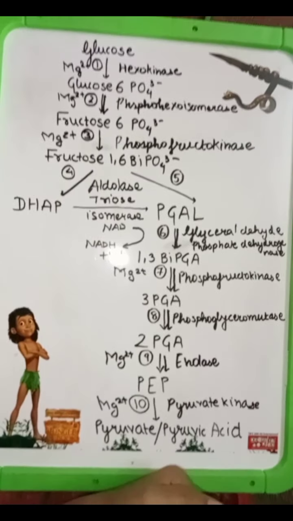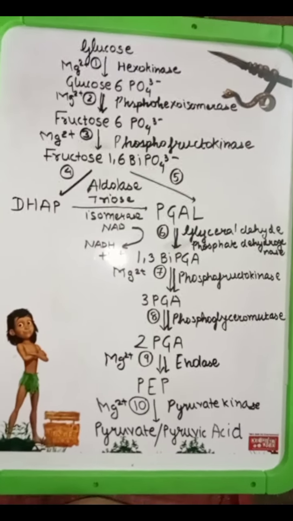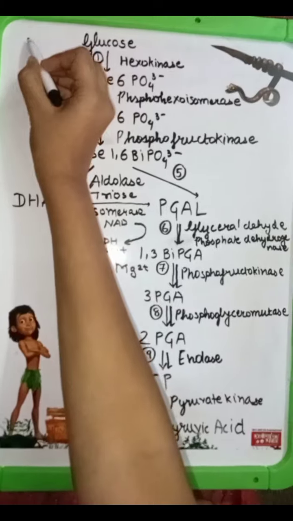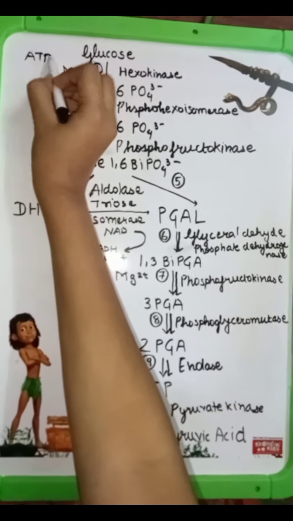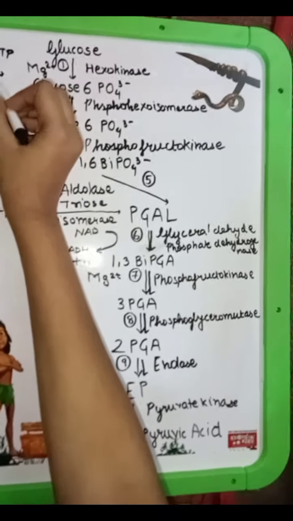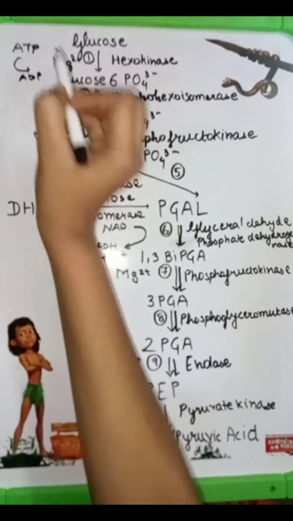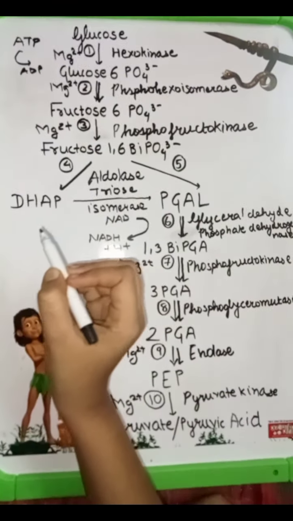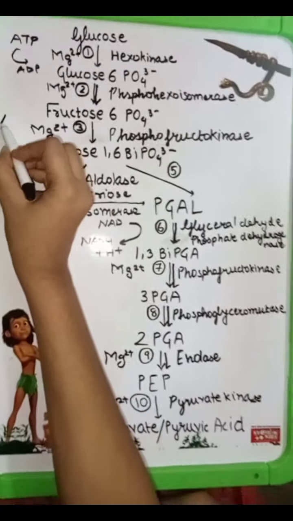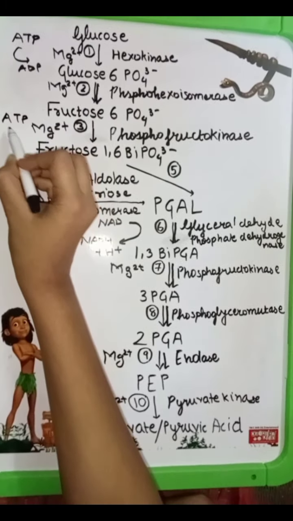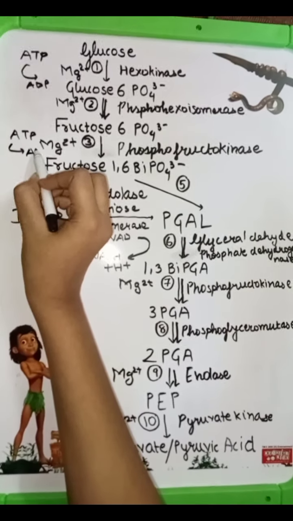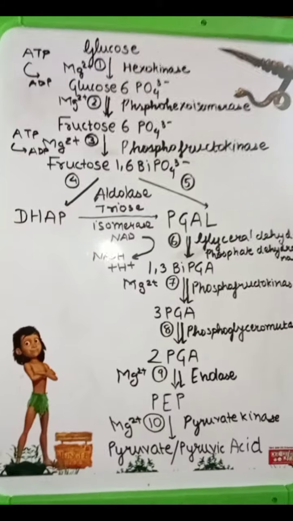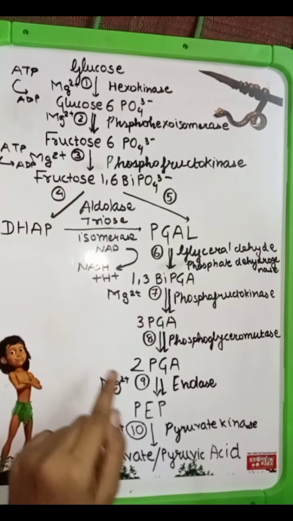Now we will see where ATP converts to ADP. So in the first step ATP converts to ADP, and also in the third step ATP converts to ADP. Now we will see where ADP converts to ATP.